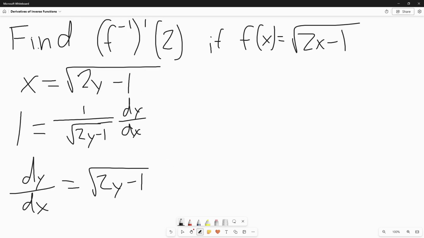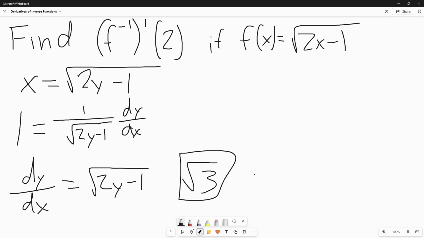And again, we can't just leave this as our final answer. We have f prime of 2. So if 2 is our x value in this function, then 2 will be our y value in the inverse function. So therefore, we plug in 2 to square root of 2y minus 1. We get 4 minus 1, and we get square root of 3 as our answer.